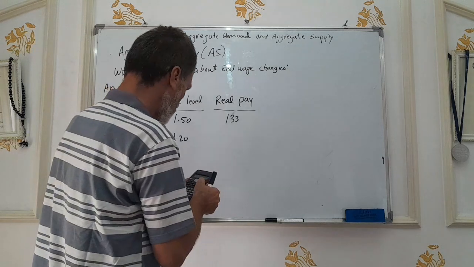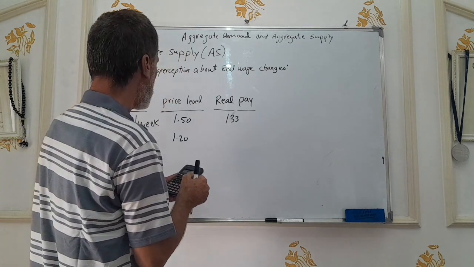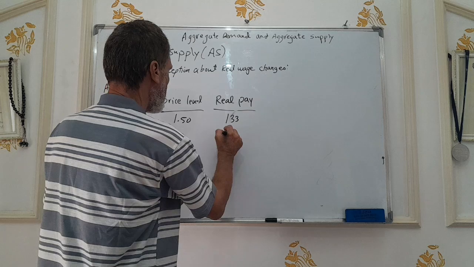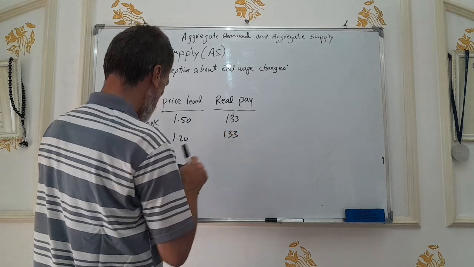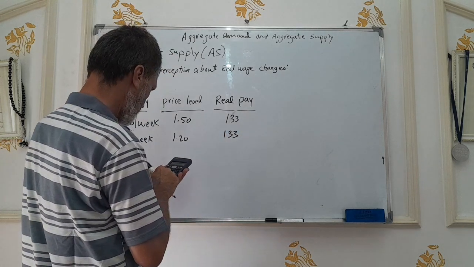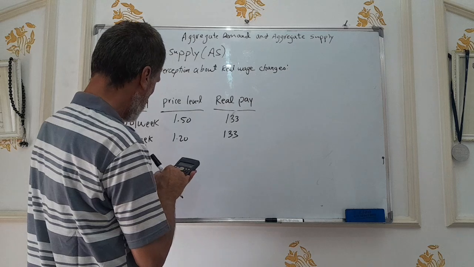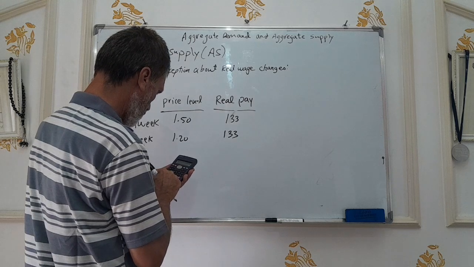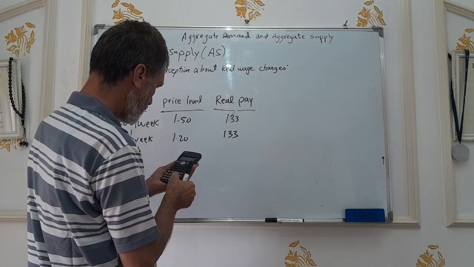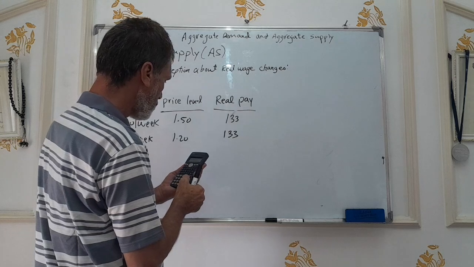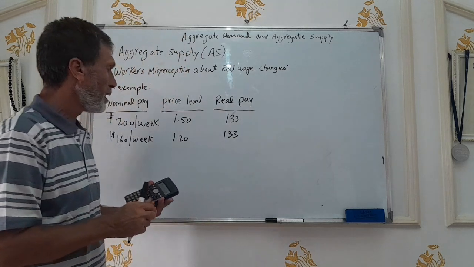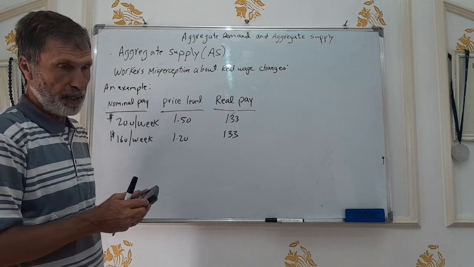So now, when they both decline by the same percentage, definitely the real wage will be the same. So the real wage is going to be what? It's going to be 133. When we divide 160 over 1.2, we get, of course, 133. So, the same real pay.